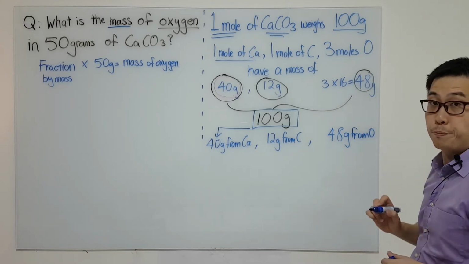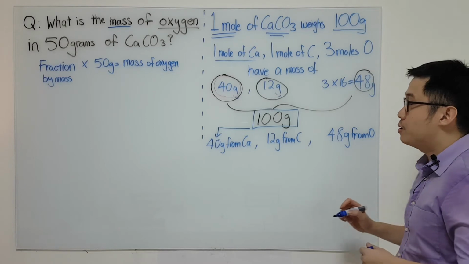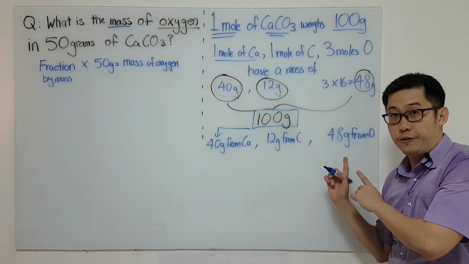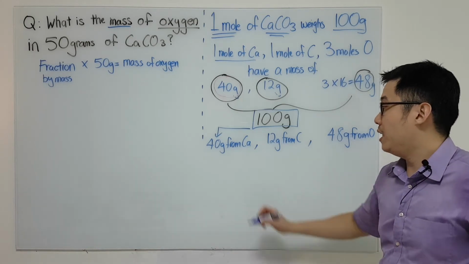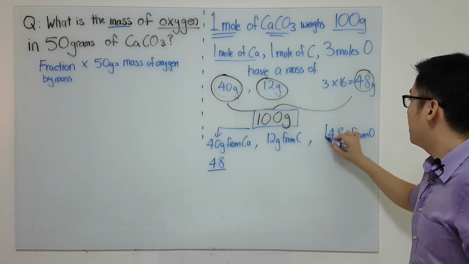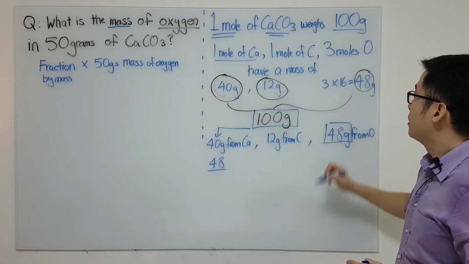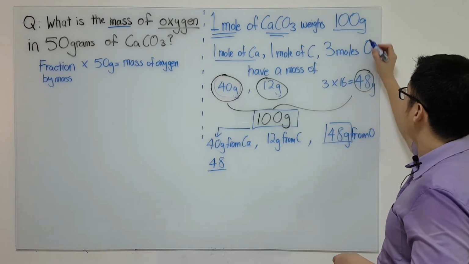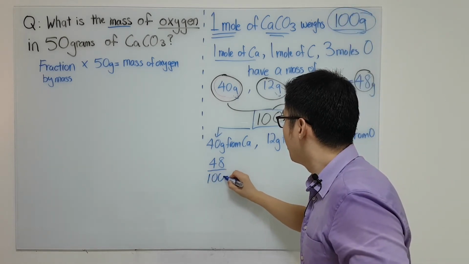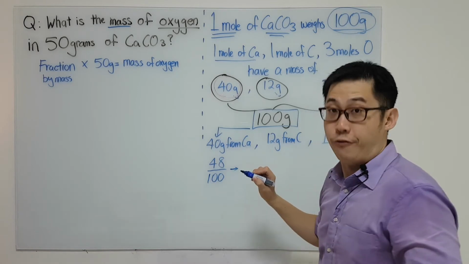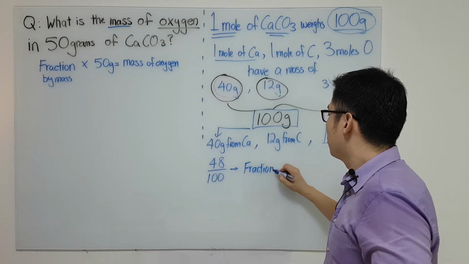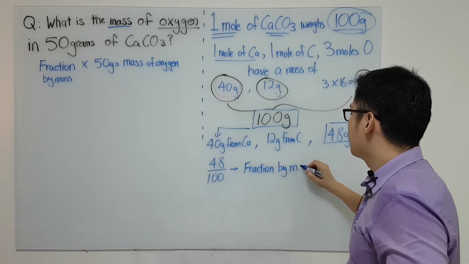Which means if I take a fraction of the mass of oxygen against the whole thing, it becomes 48, because this mass is from oxygen, over the total of calcium carbonate, which is 100. I would get this fraction, which is the fraction by mass.